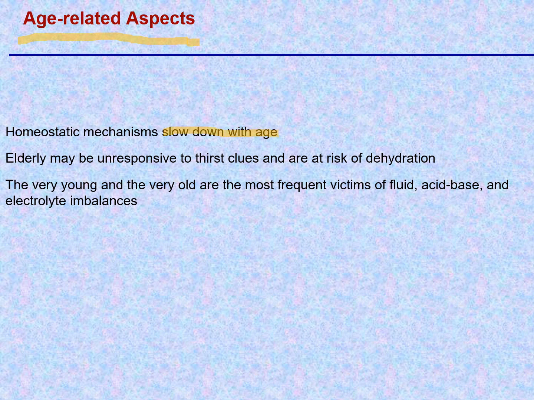A lot of problems may occur in terms of acid-base or fluid balance. The elderly often are unresponsive to thirst, to things that trigger thirst. So they're more at risk of dehydration because they will not get thirsty when they should, for example when the osmolality of the plasma is rising and they should be drinking more.